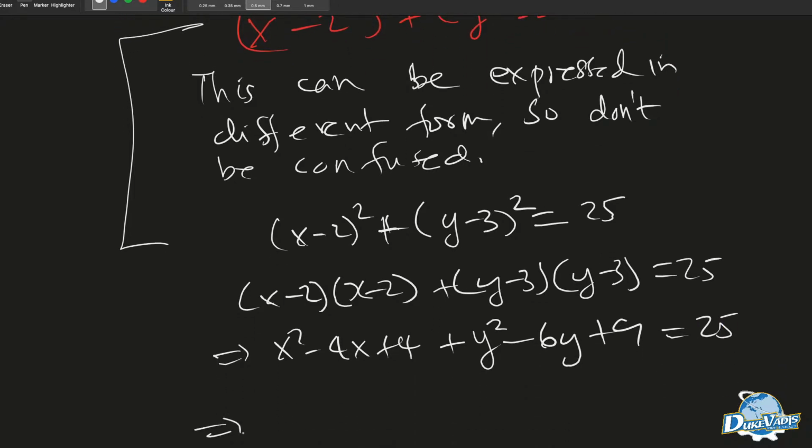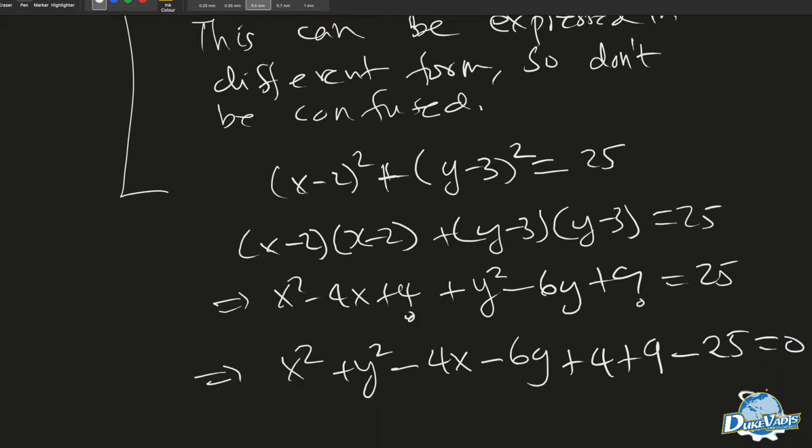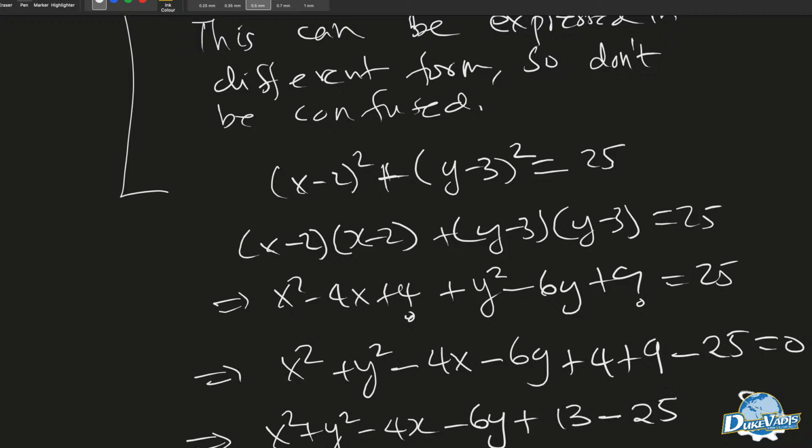Friends, now we can say that x squared plus y squared, as we separate, minus 4x minus 6y. Don't forget we have a 4 here and 9 here. So we say plus 4 plus 9 minus 25 is equal to 0. Do not be shaken. It's the same equation of a circle that we are now expanding. So we can say that this finally can be written as x squared plus y squared minus 4x minus 6y plus 13 minus 25 is equal to 0.